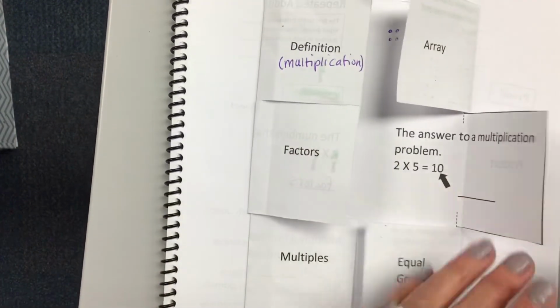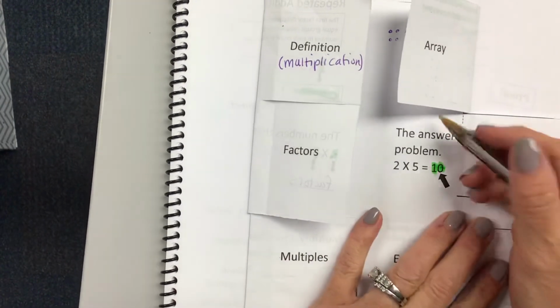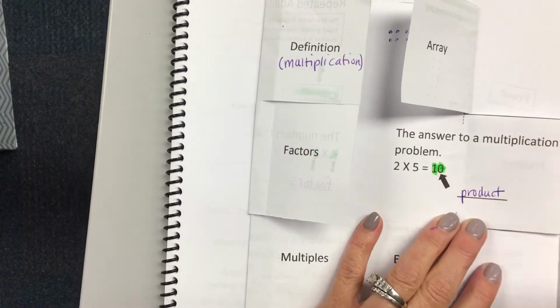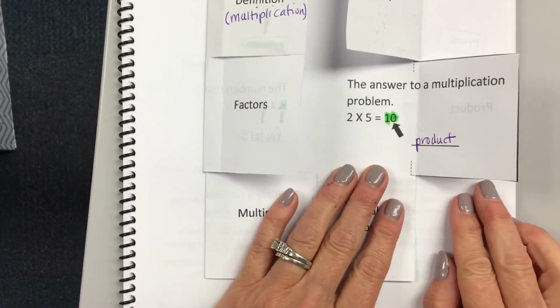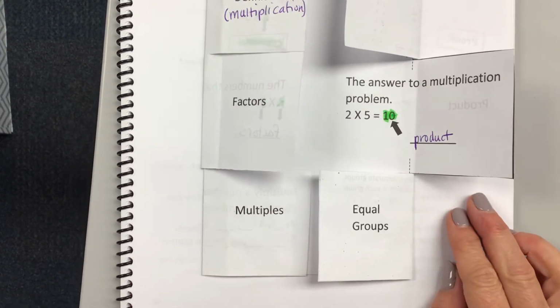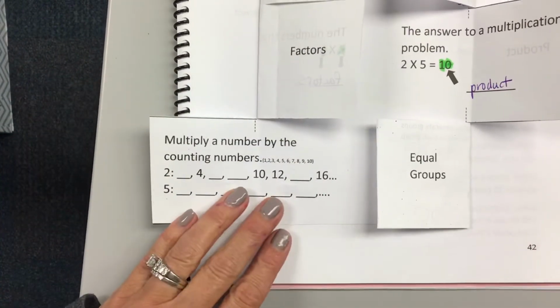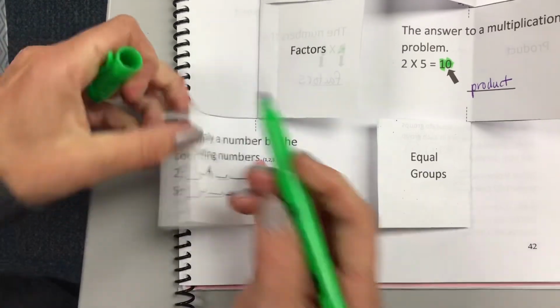The answer, or 10. Yes, so highlight the 10, write the word product on the line. Okay, and then we have multiples. Multiples are the counting numbers.